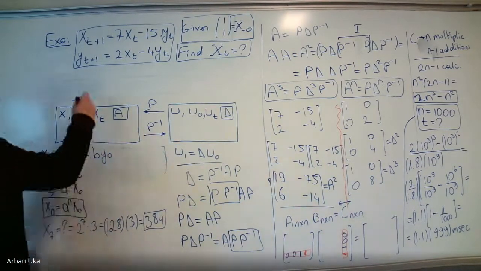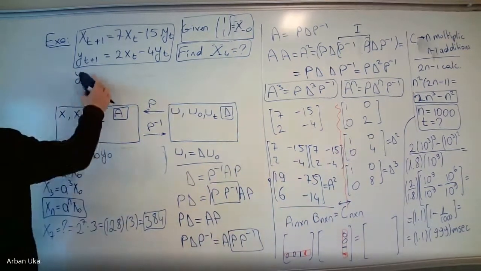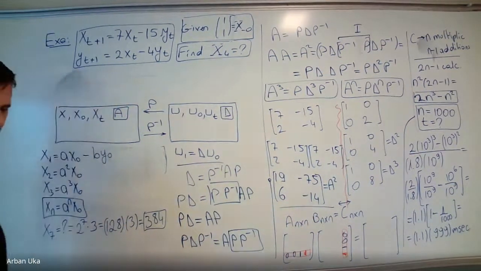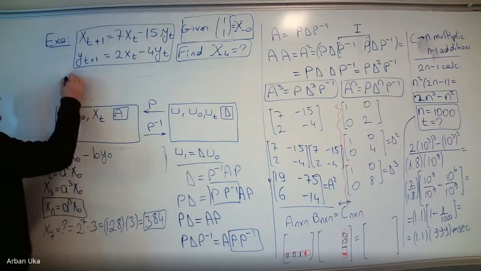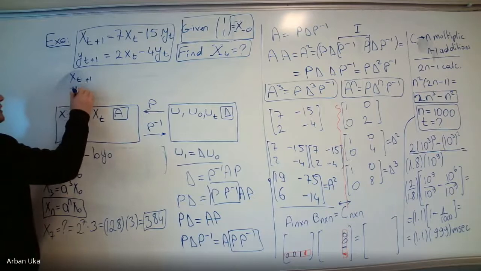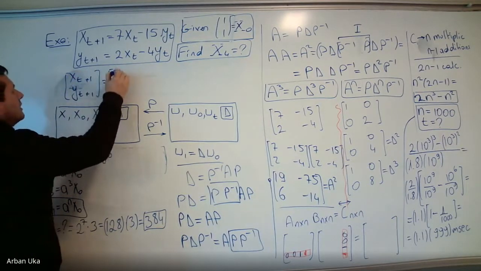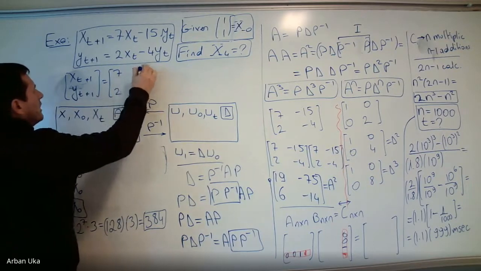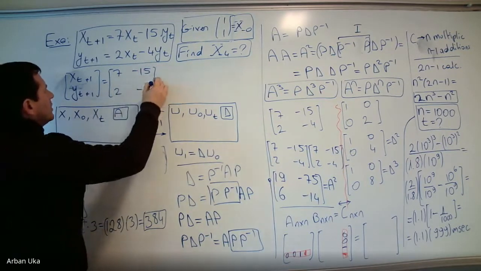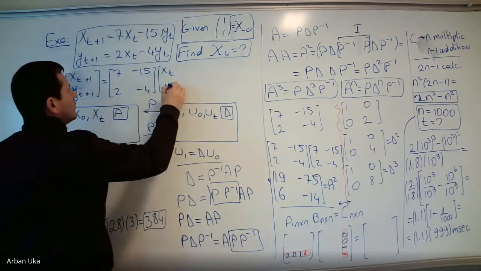Now to do this, we can reformulate the problem by writing the two variables as x_{t+1}, y_{t+1}. This is a vector, and this would be equal to the matrix (7, -15; 4, -9) multiplied with (x_t, y_t).